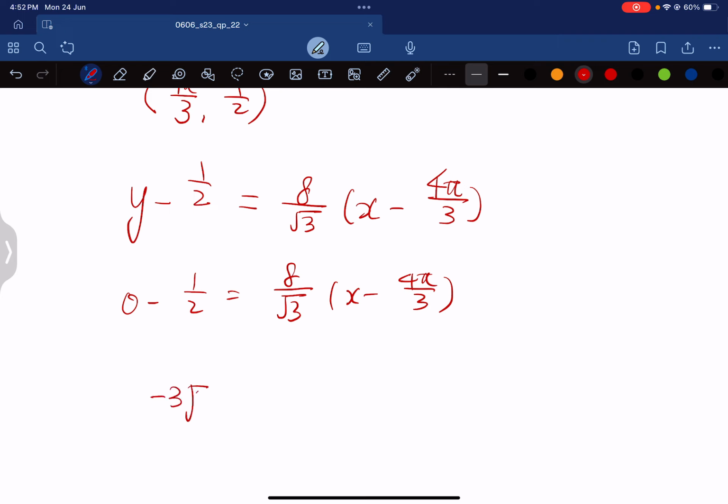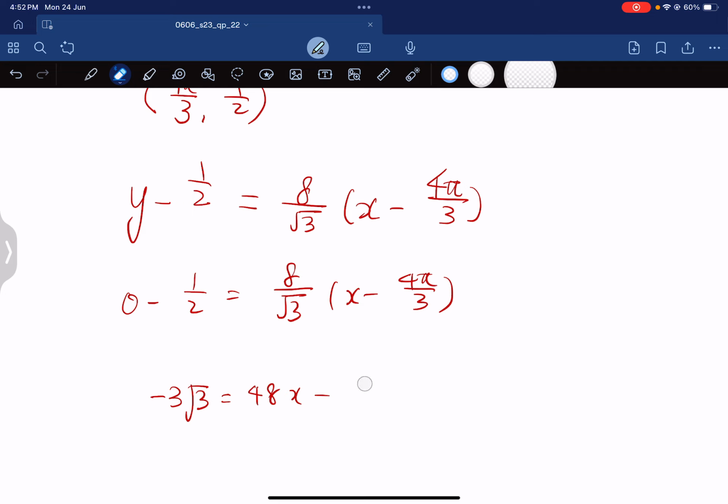So negative 3 root 3. So 6 root 3 times 48... 6 root 3, 48, divided by 3 is 16. No, this is 64, right?